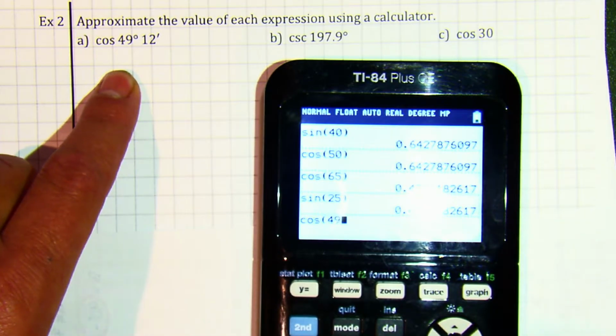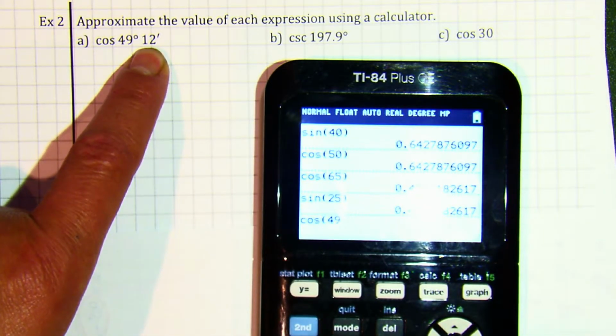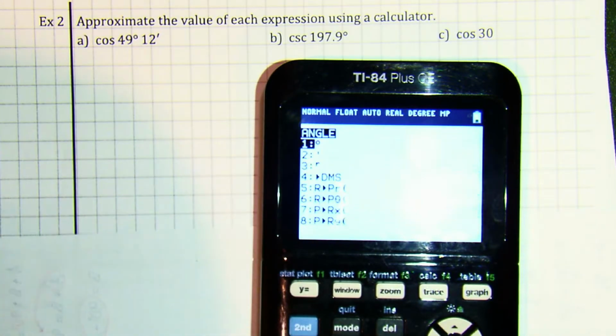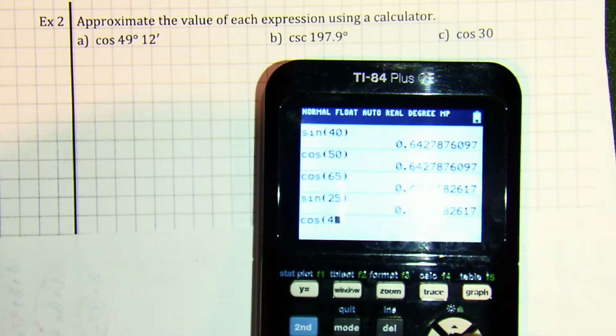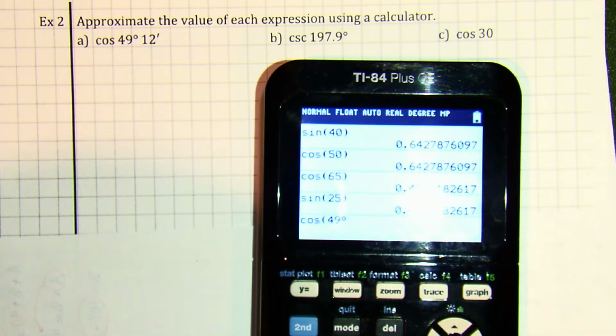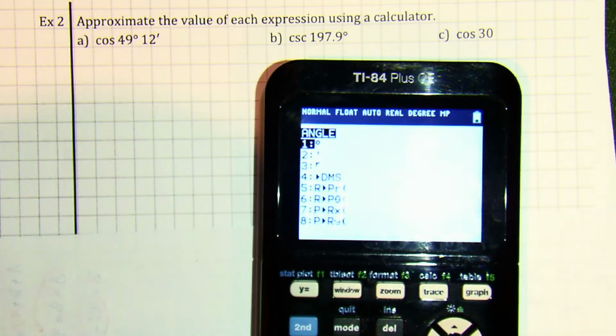49. Because we have a minute, we have to type in a degree symbol. I'm going to go under second angle, and you see the degree and the minute. So therefore, I'm going to type in degrees, second angle, and 12. I'll go back onto my angle.